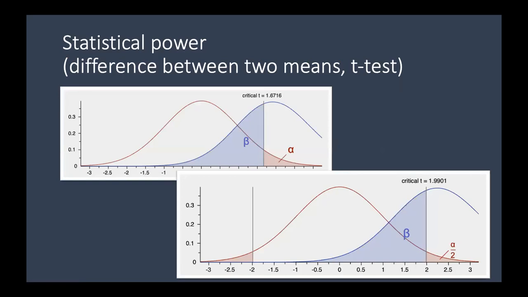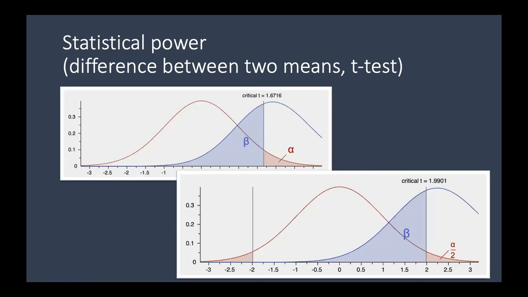So here's another way of representing statistical power, which is 1 minus beta. But in this case it is a t-test. The graph above indicates a one-tailed test, in which all the probability represented by alpha is congregated on one side of the distribution.